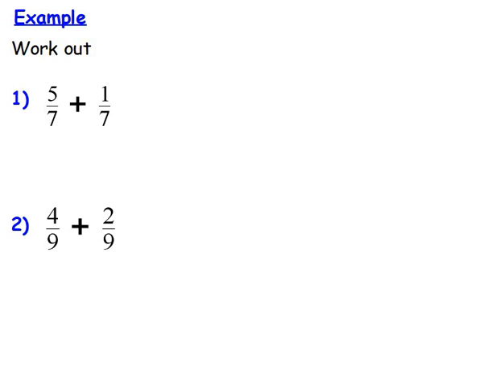So we have a look at our examples here, and the first one says, well, we have 5 over 7 plus 1 over 7. The first thing to notice, obviously, is that the denominators are the same, so we do not need to worry about finding equivalent fractions. So we can say 5 add 1 over 7 is equal to 6 over 7.